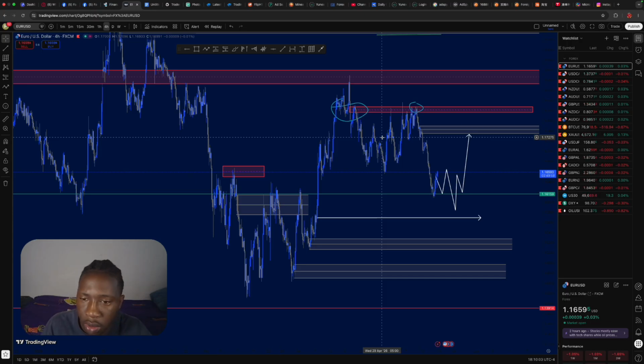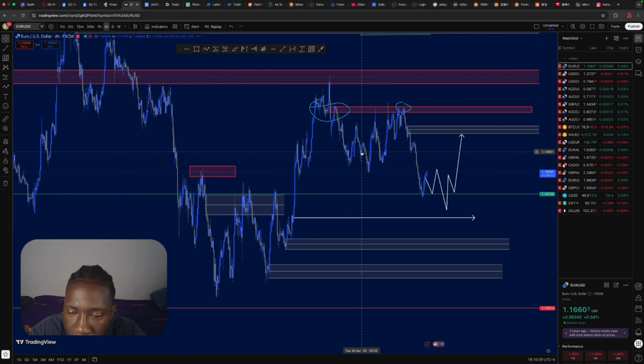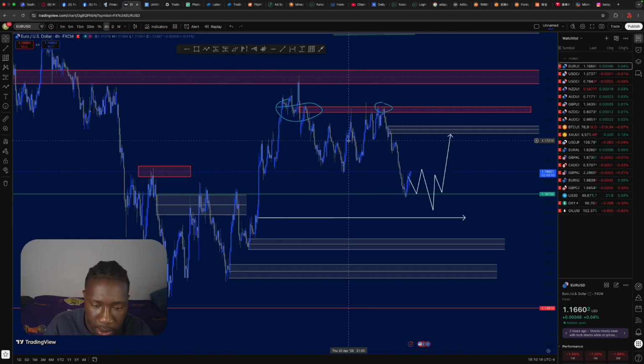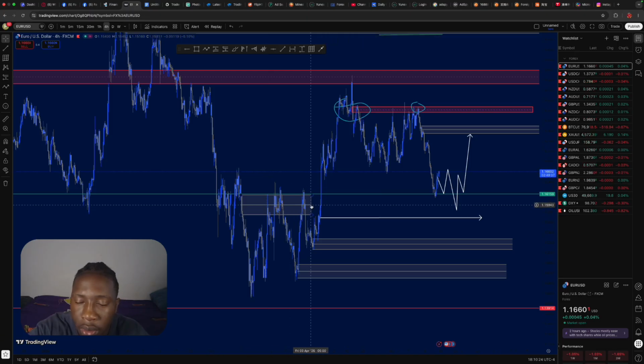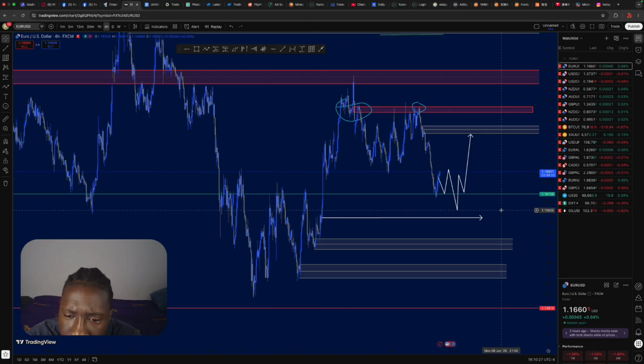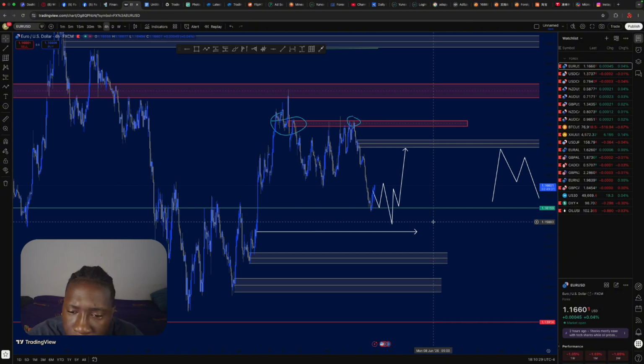So this is my 4-hour chart, and the 4-hour chart is saying things that we can narrate to or we need to stay away from, because what I am able to see is that the market is reversing to the upside, and this is what I said yesterday, that we need a reversal to the upside, and we received a reversal to the upside.